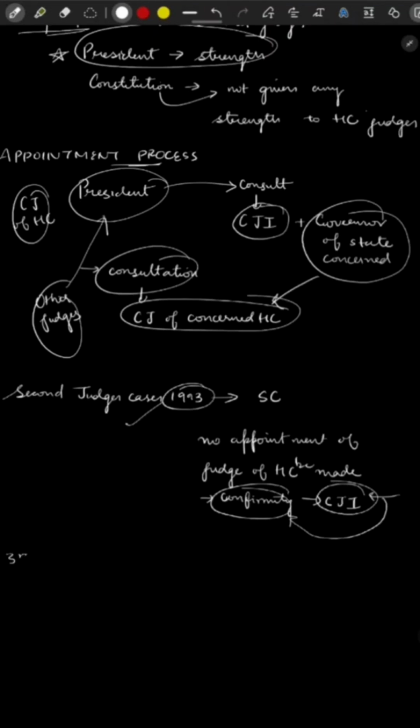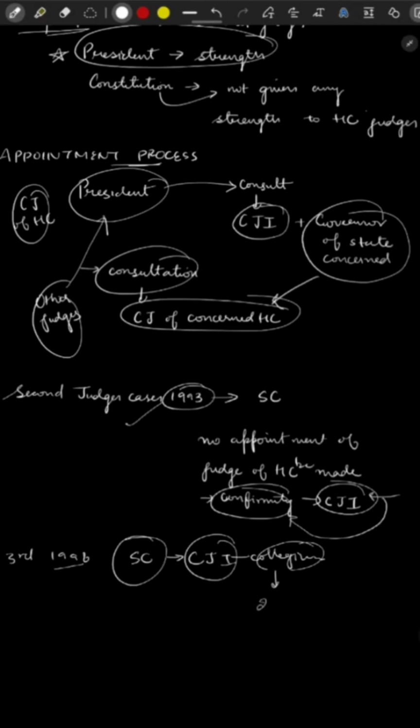Then came the Third Judges case in 1998, where the Supreme Court opined that in the appointment of High Court judges, the Chief Justice of India should be consulted, but the Chief Justice should consult the collegium.